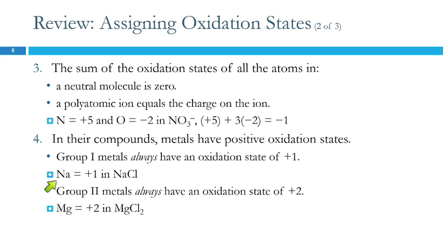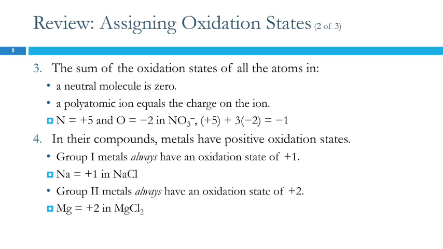This one I think is a little bit silly, but in compounds, metals are going to have positive oxidation states. In compounds, metals have positive charges, right? I don't even know why we need to say this. So group 1 metals are always going to have an oxidation state of +1.